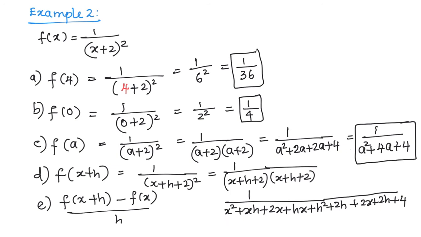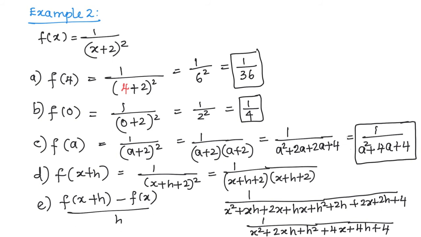So x square plus xh and hx. Those are like terms, so that makes it 2xh. Then x square. Then 4x. Then 4h plus 4. This is the final answer for f of x plus h.